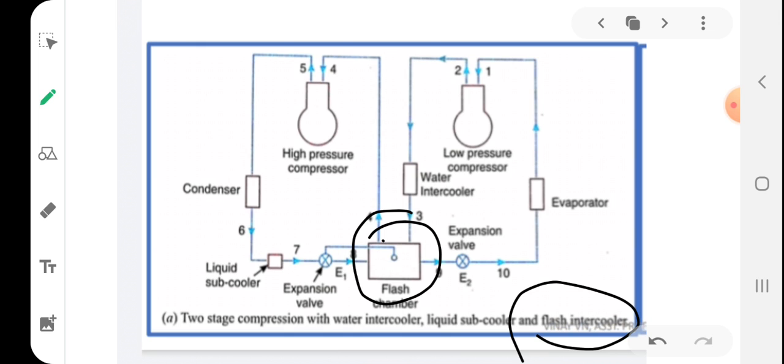Intercooler means there are two streams, and there is an exchange of heat between two different streams. Do you remember how the flash chamber, where flash gas is removed, looked? I will show you that picture also, then you will understand the difference, okay?